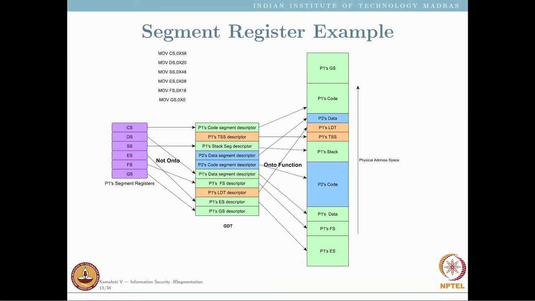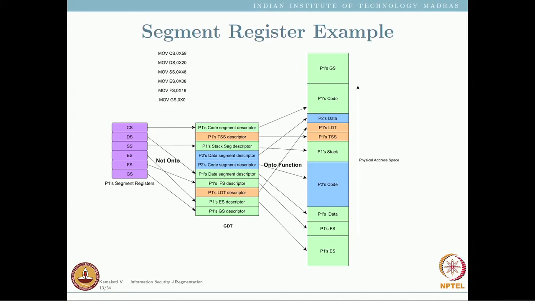Then move FS comma 0x18. So 0x18 is 16 plus 8, 24, which is the third segment. 0th is P1's GS, first is P1's ES, second is P1's LDT and third is P1's FS. So 0 1 2 3. Please note that FS now takes that fourth descriptor from the bottom.